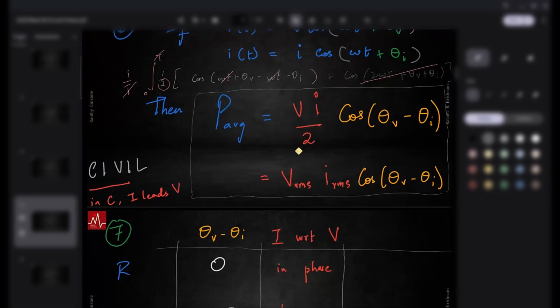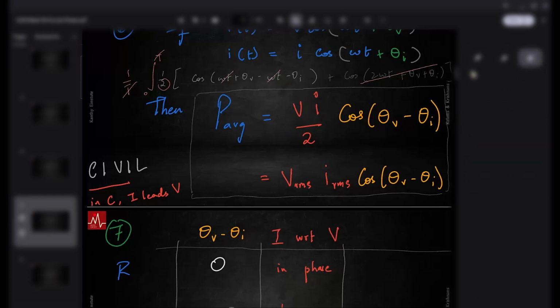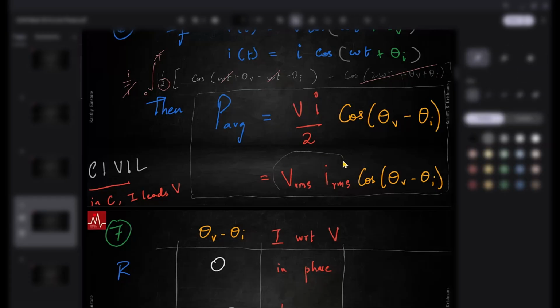So now this is the average power. Again, to give you an analogy, VI, this product is what? The amount of time you spend reading or practicing.